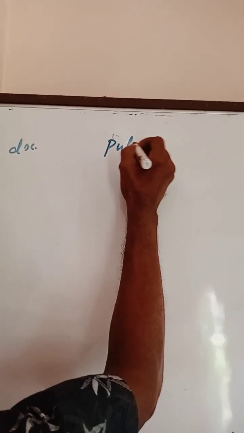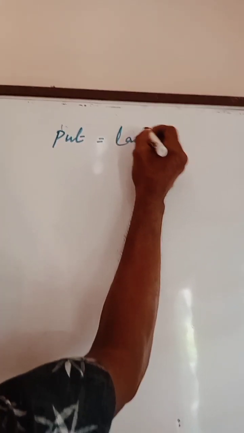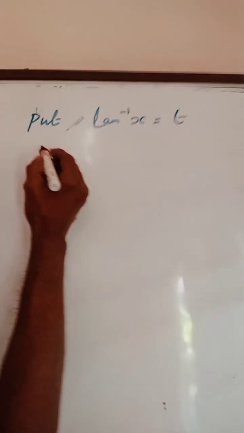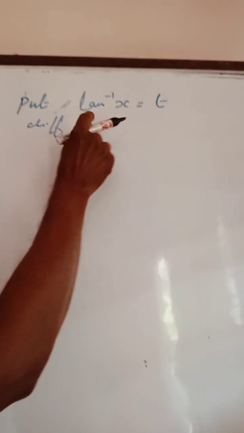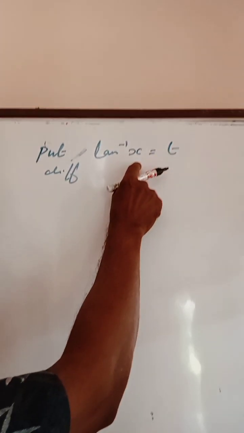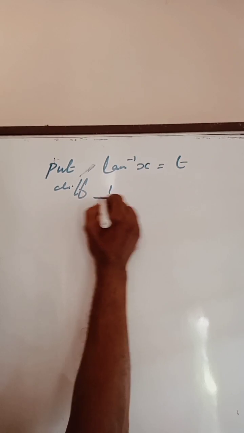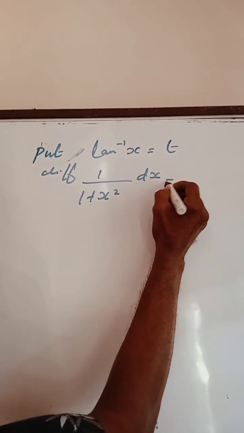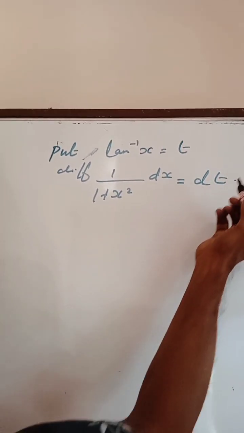Put tan inverse x equal to t, differentiate. We know d by dx of tan inverse x is equal to 1 by 1 plus x square, so 1 by 1 plus x square dx is equal to dt.